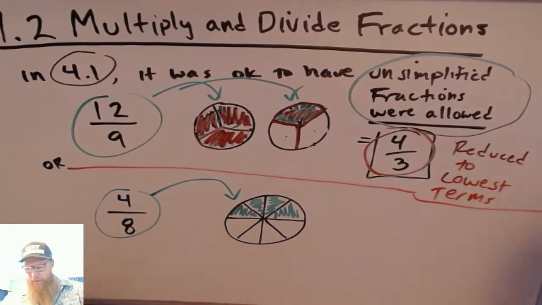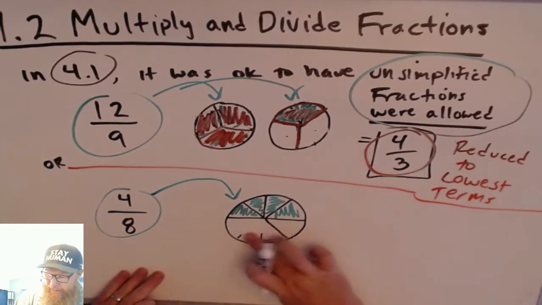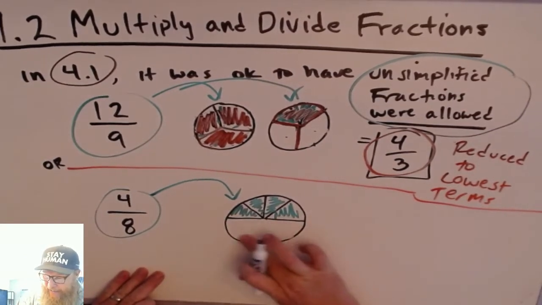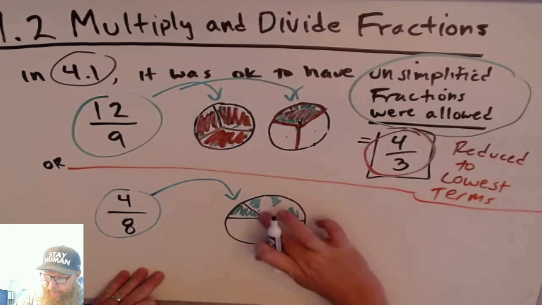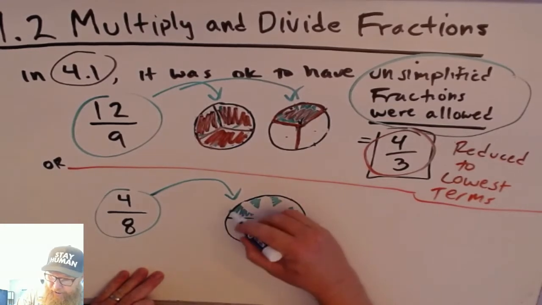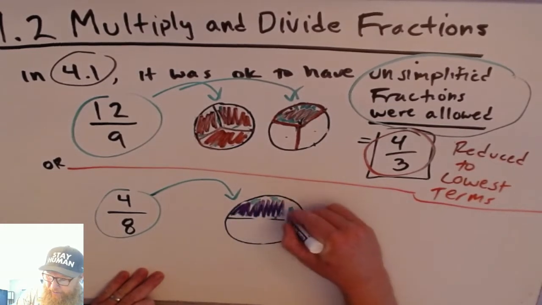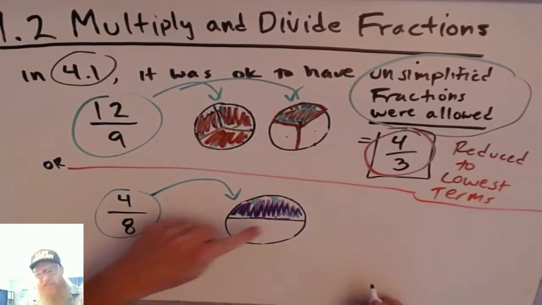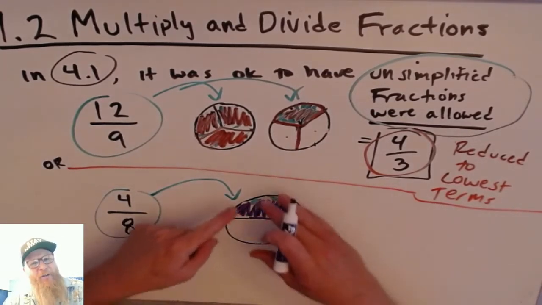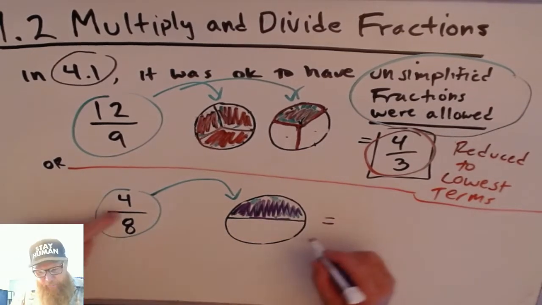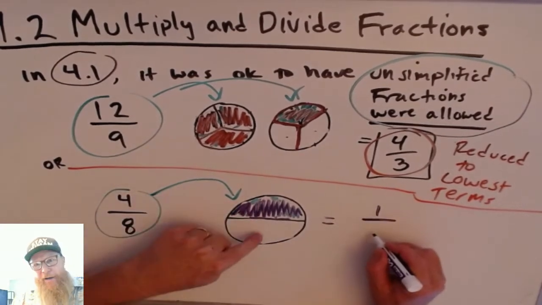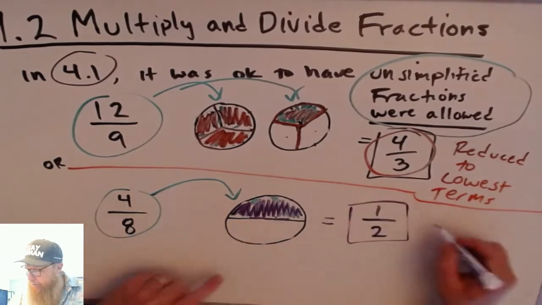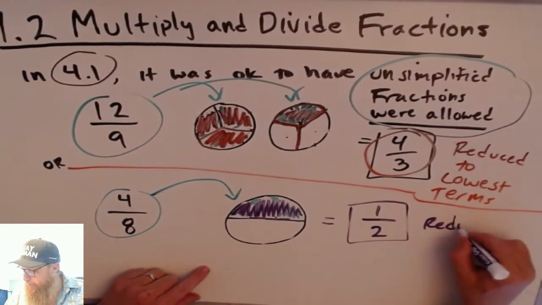And I think this one goes without much saying. We talked about this last time. I could just remove these boundaries here and just shade half of the circle. So instead of thinking of this as 4 out of 8 or 4/8, I could reduce this down to 1 out of 2 or 1/2, and that would also be reduced.